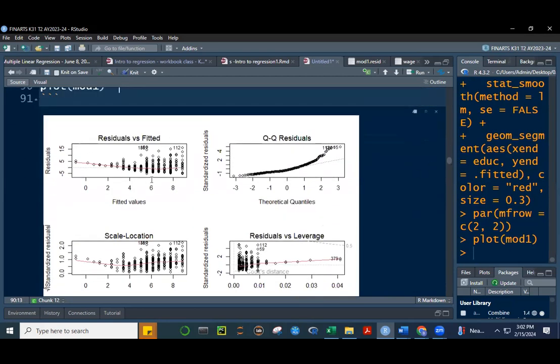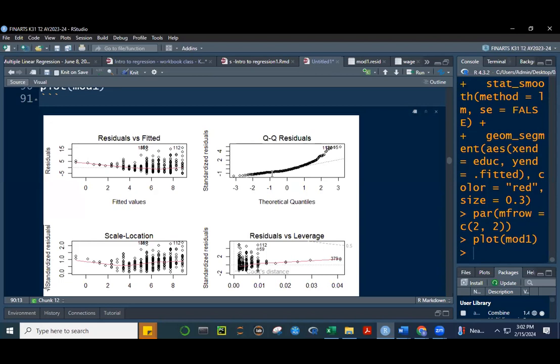This one, residuals versus fitted, tells us something about the linear relationship between your dependent variable and independent variable. Now take a look at these numbers here. These could either be outliers or influential points. This one tells us about the normality of the residuals, the QQ plot.